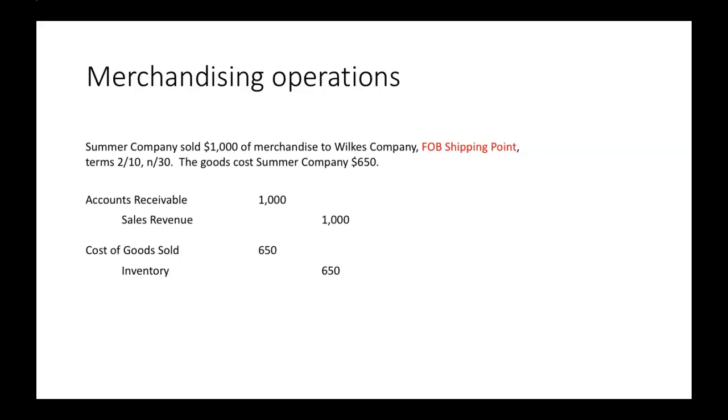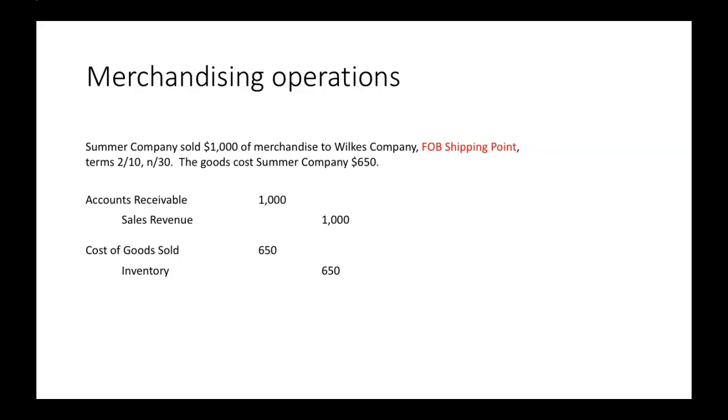Now there are a few other points in this transaction information that I wanted to go over. First, FOB shipping point. We're either going to see FOB shipping point or FOB destination. What that's telling us is who has to pay for shipping, who has to pay for the freight costs.